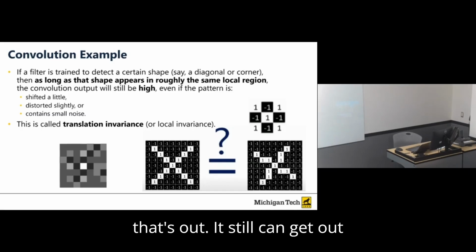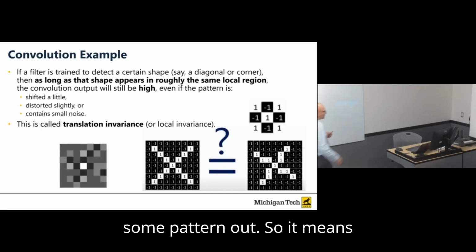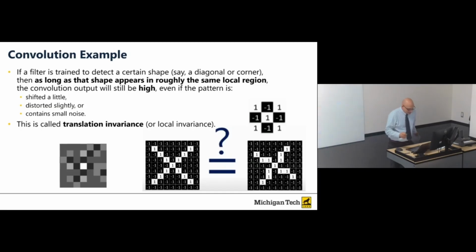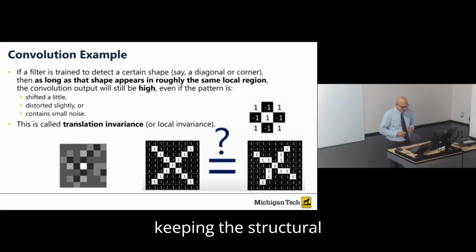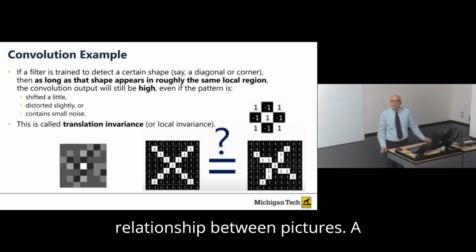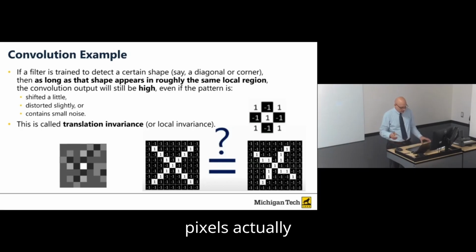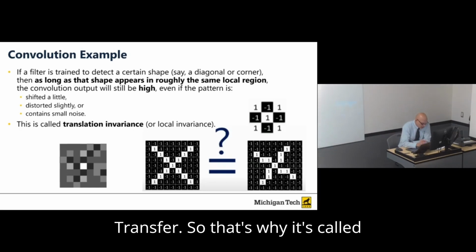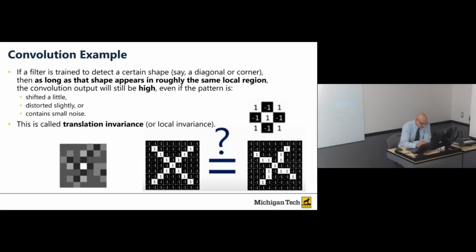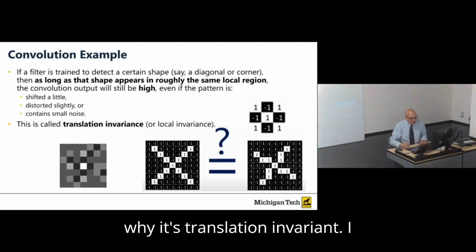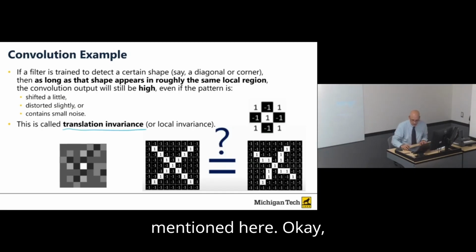Look at this, that's the output. It still can get some pattern out. So it means convolution keeps the structural relationship between pixels. That's why it's translation invariant, what I mentioned here.